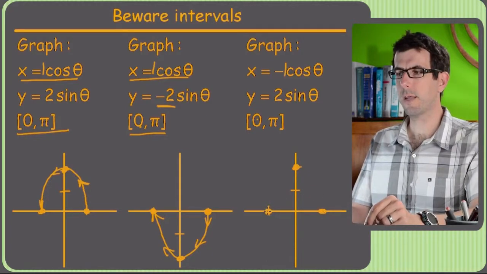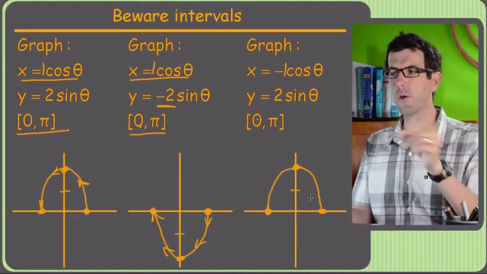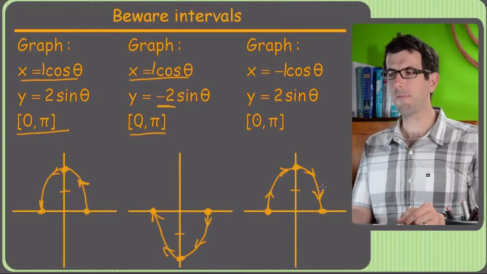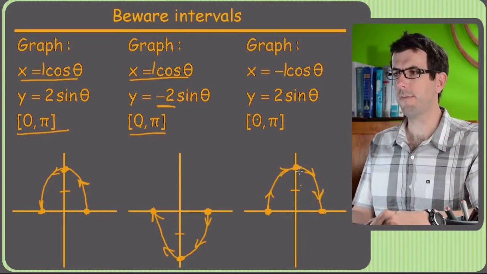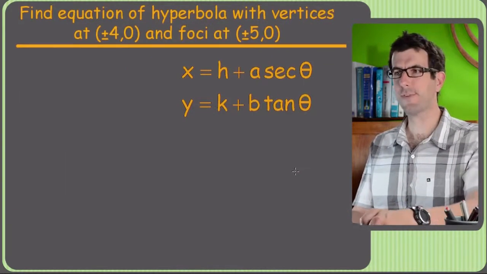So this time we get a graph that looks identical to the first one, except instead of the arrows going like this, they're going to go the other way. So we start down here and go this way along the curve. And like I said before, if you have one of those teachers who's a stickler for these little direction arrows, don't leave those off. That's the direction of the path, if your teacher's into calling these paths.